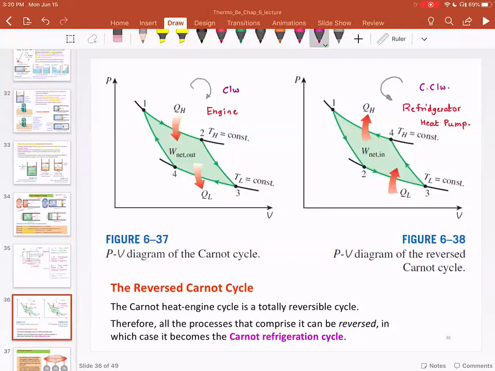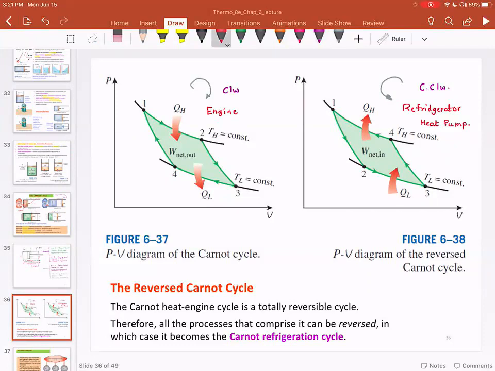Keep this in mind whenever you have a thermodynamic cycle, whether it is a PV cycle, a PS cycle, a PH cycle, or any other cycle: if the cycle is going clockwise, that is the cycle for a heat engine. If the cycle is going counterclockwise, that is the cycle for a heat pump or refrigerator.